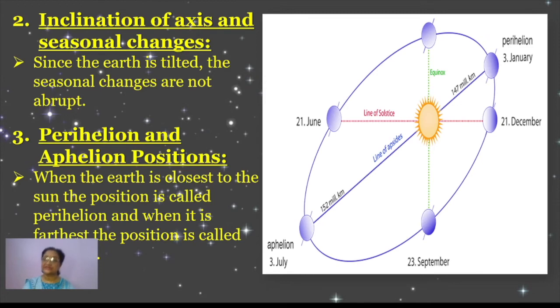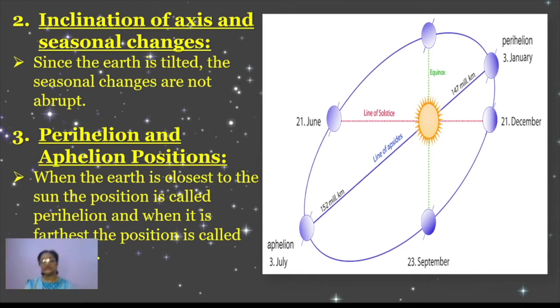When it is closest to sun, it is called perihelion. At that time the distance between sun and earth is 147 million kilometers, and it occurs on 3rd January.